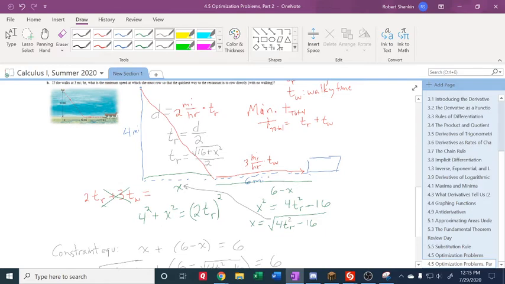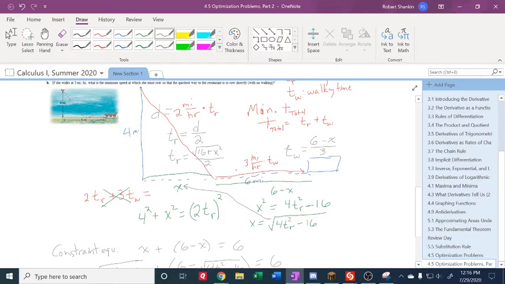And then the time that it took for this one is what? 6 minus x over 3. Because it's 6 minus x, that's the distance, and then the rate gives the time.